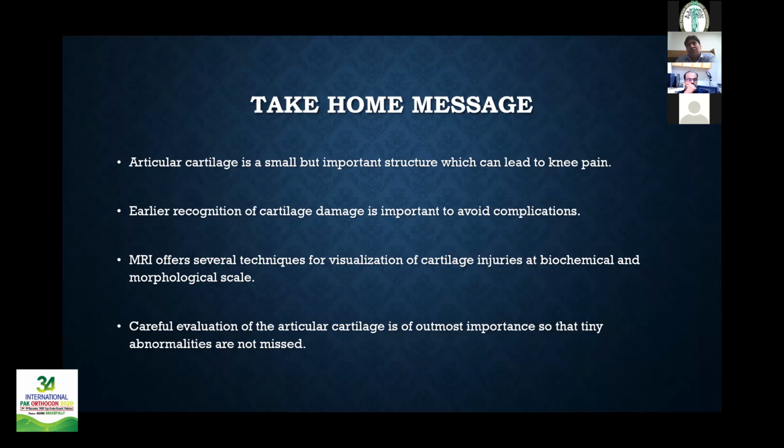The newer techniques, that is T2 mapping, are also used to evaluate repair of the cartilage through various agents. And the final take-home message is, whenever you are looking at the cartilage, evaluate it very meticulously and carefully, because there might be tiny signal changes or tiny fissuring that might be missed, and that may later lead to frank osteochondral defects and loose bodies.